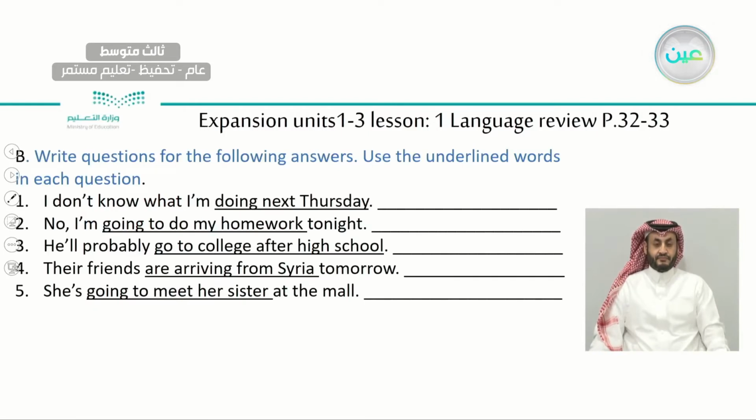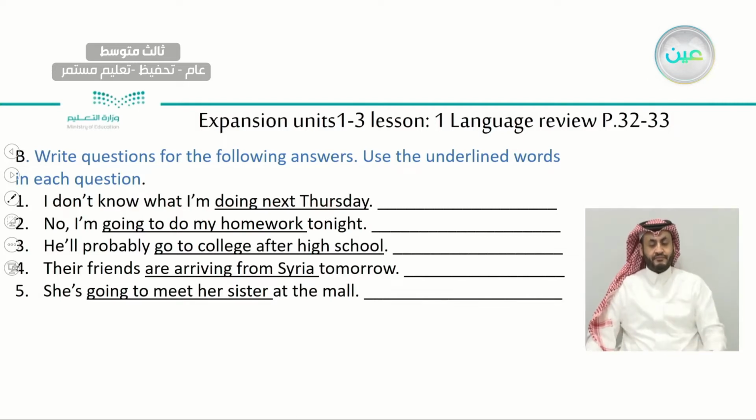Now let's see. You already remembered how we use the present progressive. You already know, okay? Pause the video, look at the statements in front of you, the sentences. Try to write the question. So here, I will do number 1 with you, okay? I don't know what I am doing next Thursday.